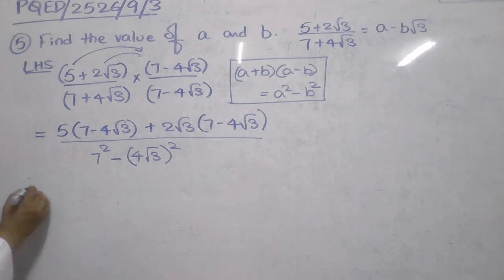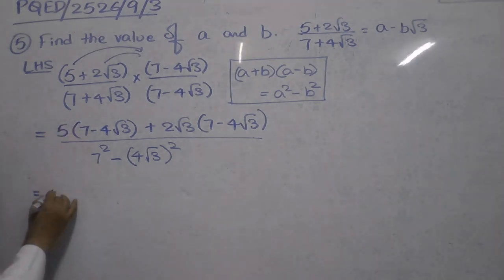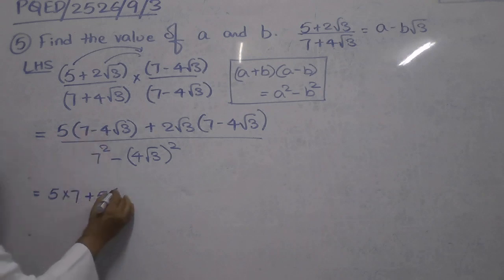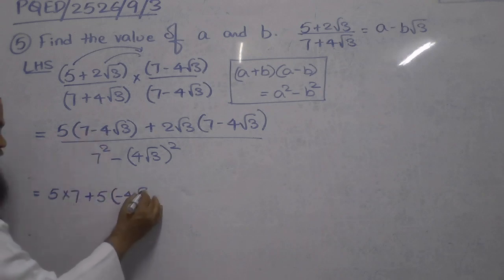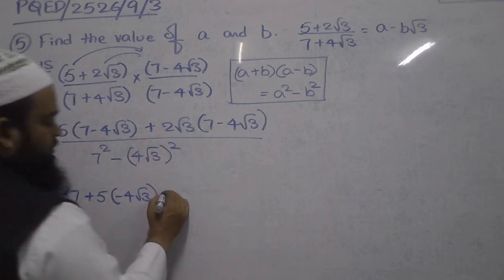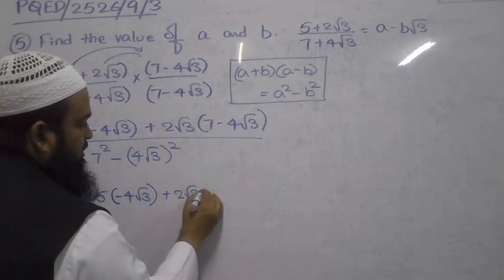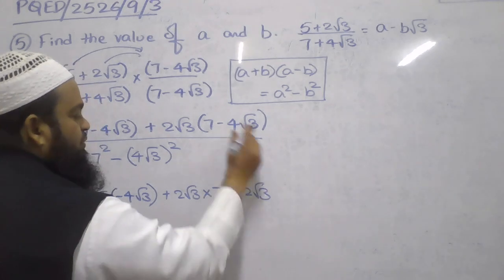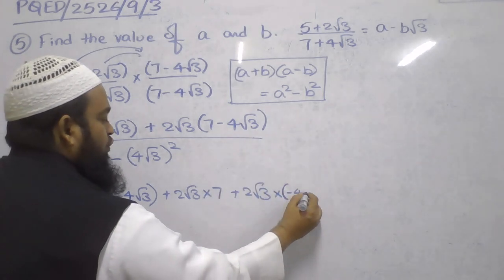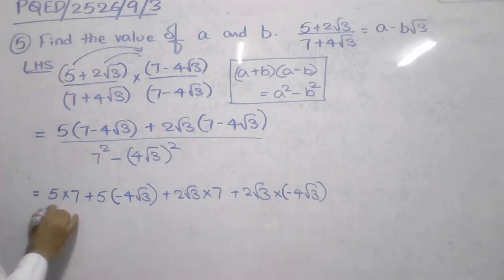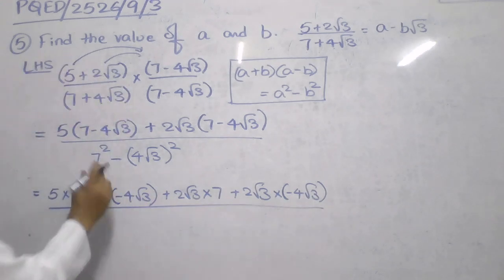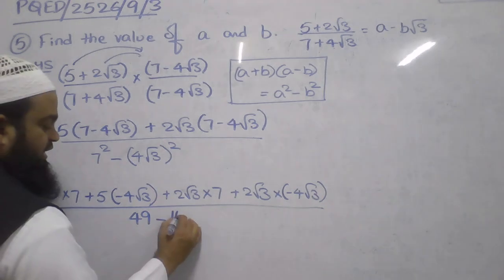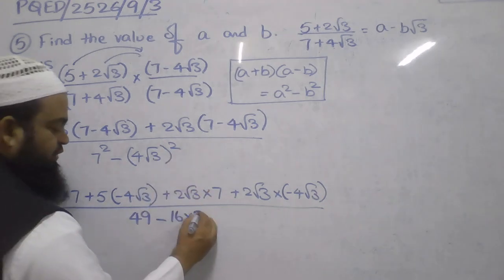Okay, so that equals, now distribute it, 5 times 7 and plus 5 you are distributing it to minus 4 root 3, and here also plus 2 root 3 you distribute it to 7 and plus 2 root 3 you are distributing it to minus 4 root 3, divided by 7 square is 49 minus 4 square 16 and root 3 square is 3.